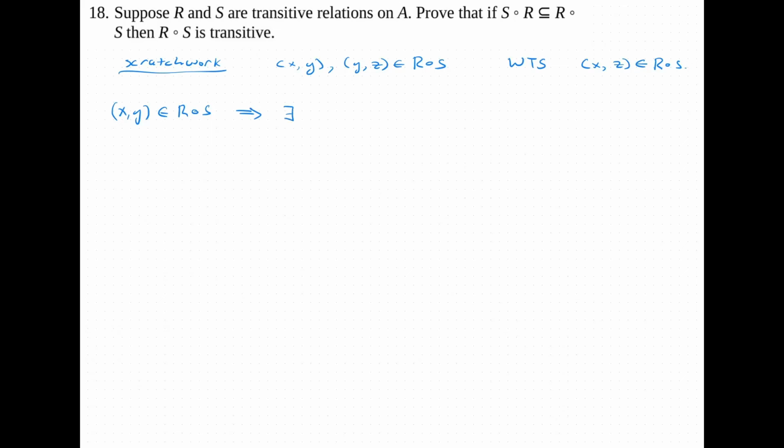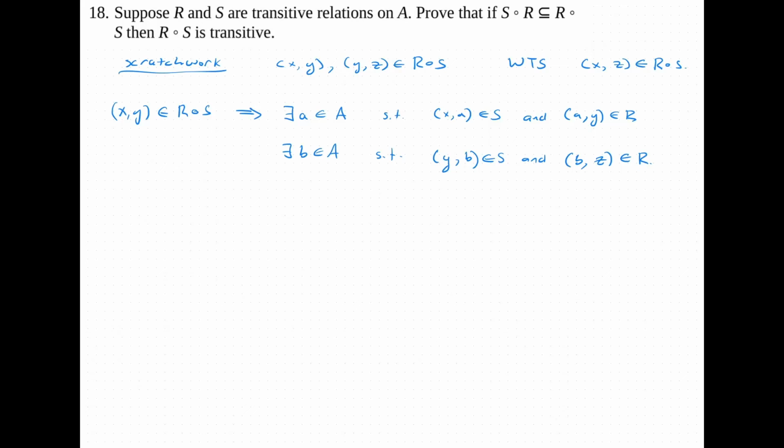Let's go ahead and call it a in A, such that (x, a) is in S, and (a, y) is in R. And similarly, we also have the existence of some b in A, such that, doing the same thing now to (y, z), we have (y, b) is in S, and (b, z) is in R.